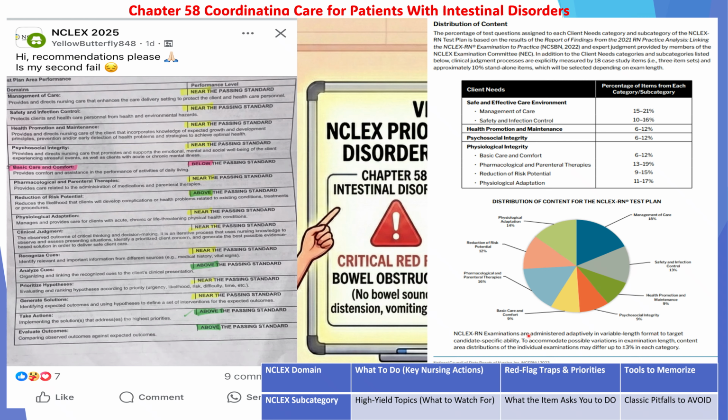That means a question can be select all that apply, with one or two correct answers about basic care, and if it's not marked correctly, you can end up not passing this category because it's so small.